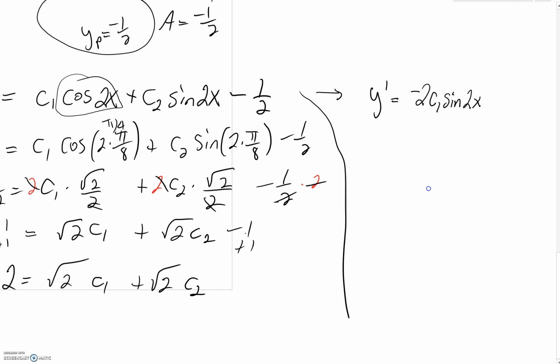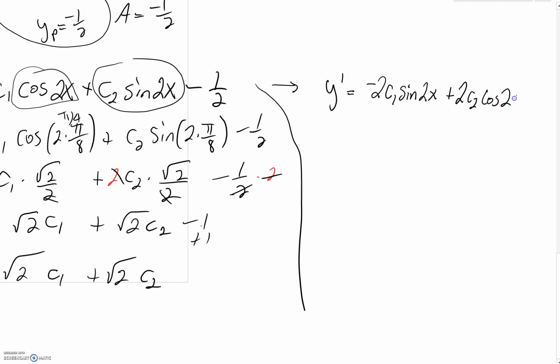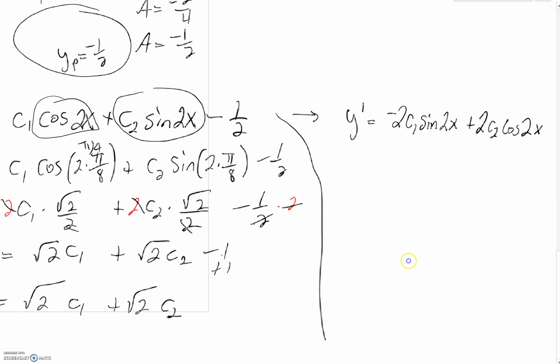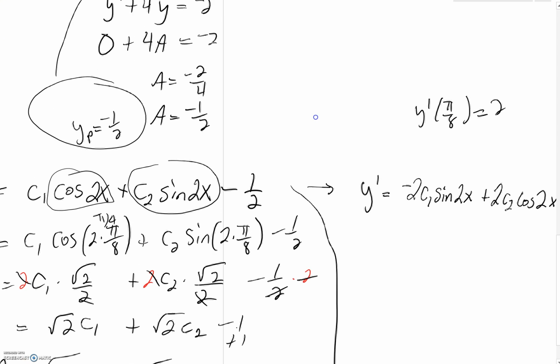And then we're going to have the chain rule right here just as well. The derivative of sine is cosine, but out comes a 2. So we'll have a 2c2 cosine of 2x. The derivative of 1/2 is 0. But you can see, we had y prime of pi over 8 equals a 2.